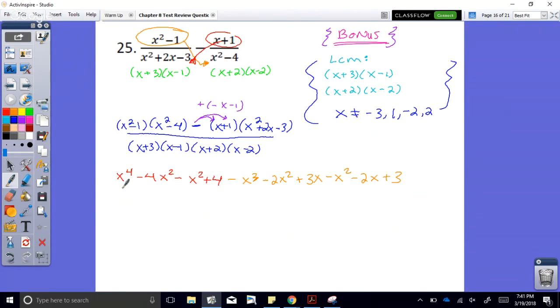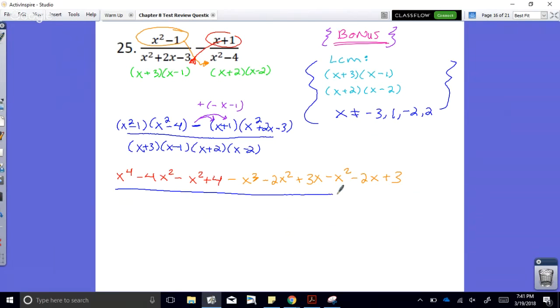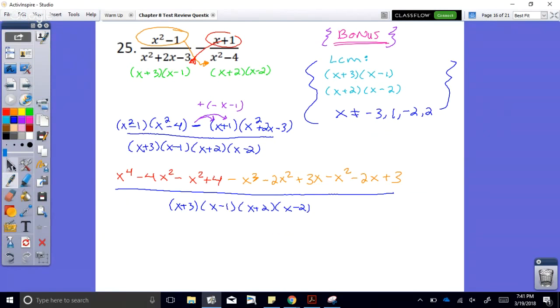And all of that would be divided by x plus 3, x minus 1, x plus 2, x minus 2. And when we look, we'll see if we can combine any like terms. So I've got an x to the 4th.